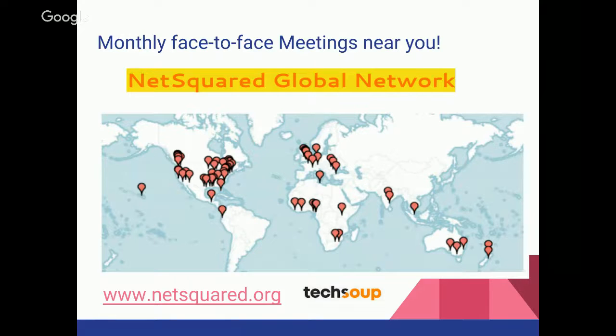Apart from the presenter lecture type events, we also have socials or peer learning events like Show Off Your Tools, where participants take turns and tell us in 5 minutes about the new tool or particular combination of tech tools that they use to make their organization more efficient, that save money, time, and headache. It's always a good time. Maybe there's a group near you. Check out the netsquared.org website and learn about the next events.